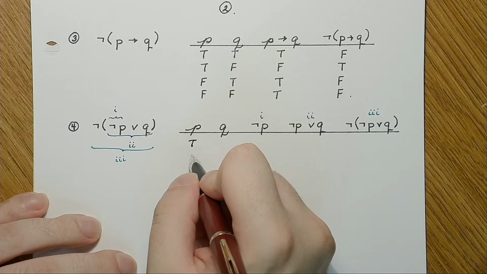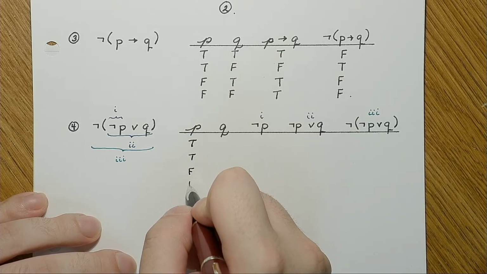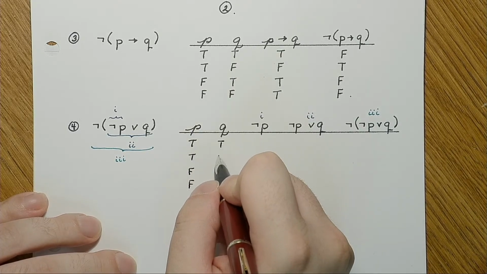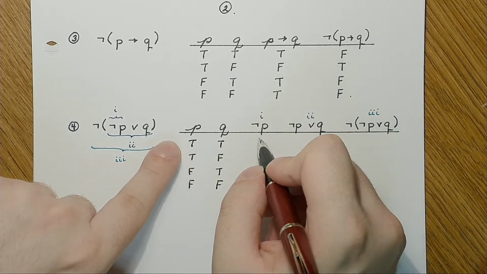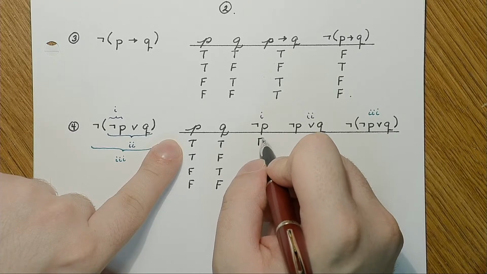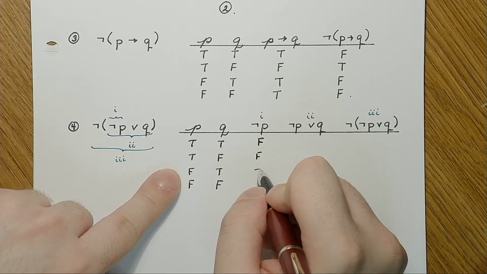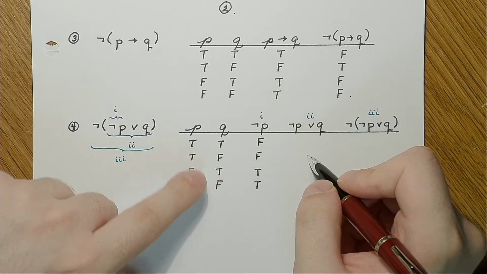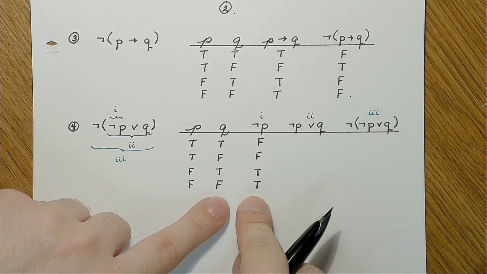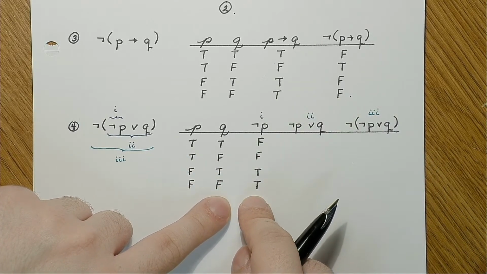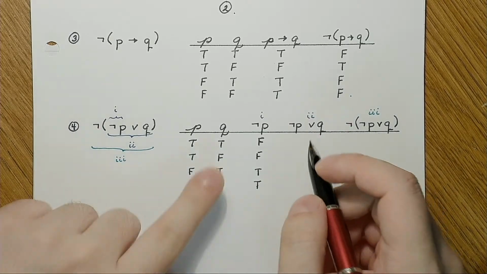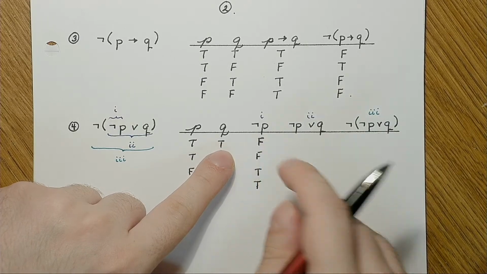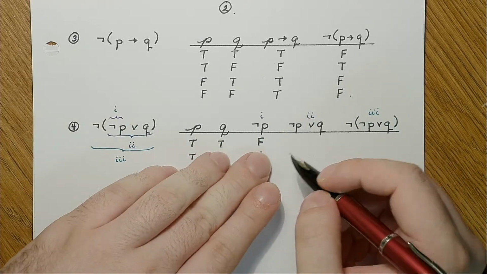So again, just writing out the prime propositions, all the possibilities. In this first step, I'm going to negate the P, so F, F, T, T. Then, using this column and this column, I'm going to apply the OR. Remember with the OR, at least one of them has to be true.